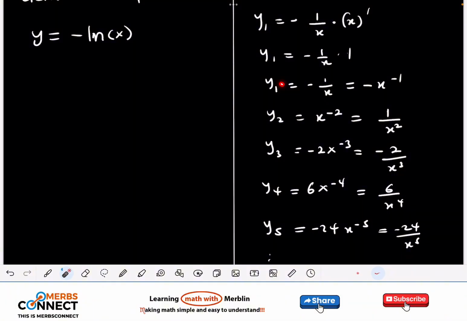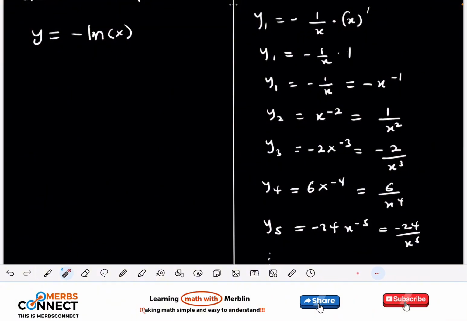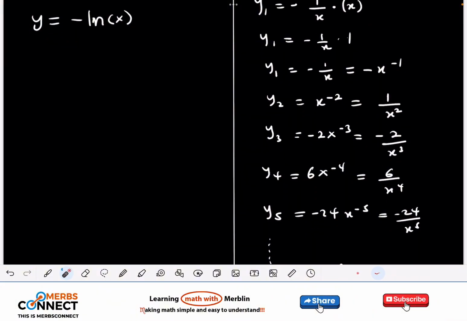When we differentiated the function for the first time, we had this one to be 1, right? We had this one to be 2, 6, 24. So what kind of thing can we see here? Because of the way we are doing that, this one will go with factorial, right? So now let's look at the y1. The y1 is 1.